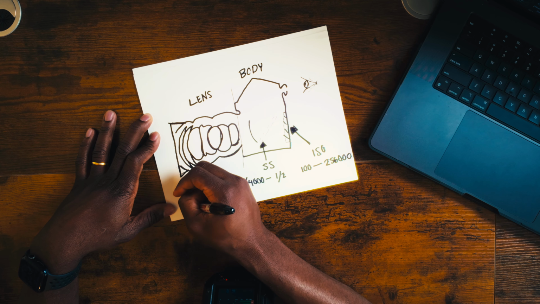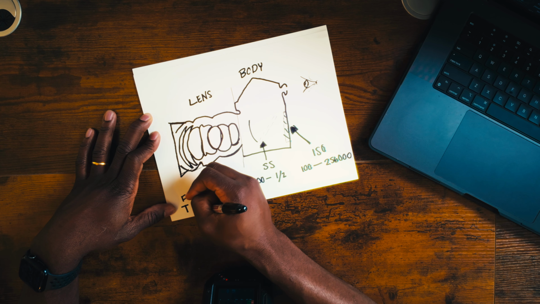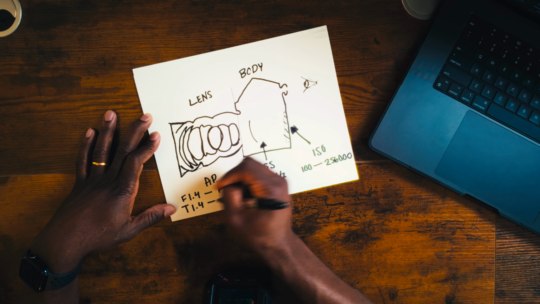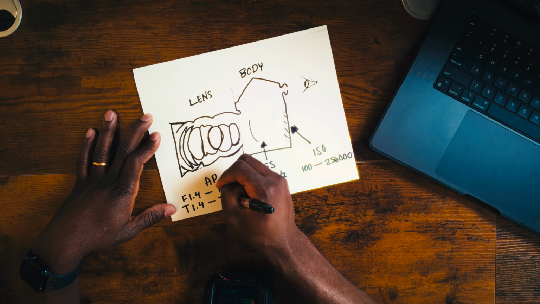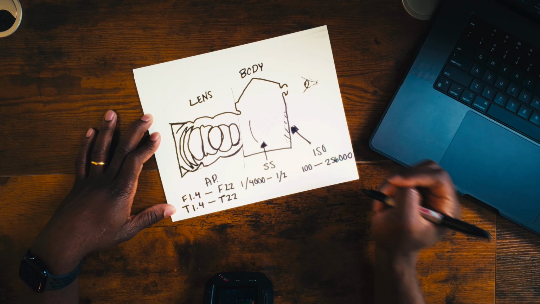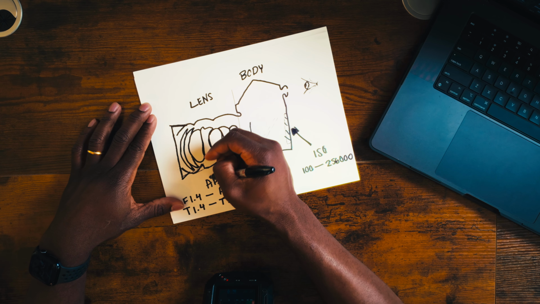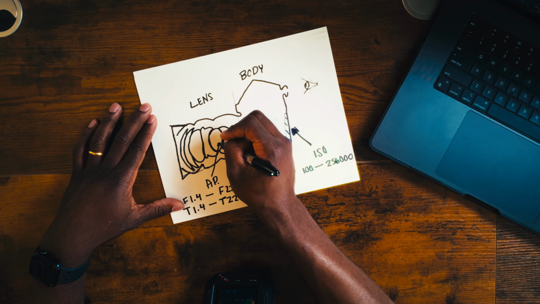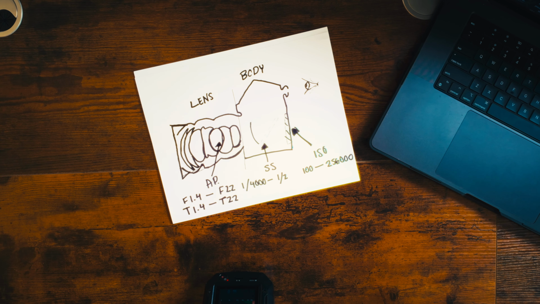And when you're talking about cinema glass, you'll say t1.4 all the way up to t22. Again, this is usually where you'll see this affected. It's an iris in the center of your lens.